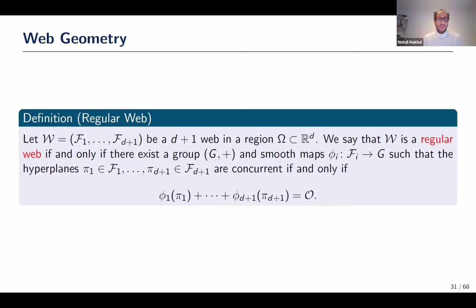We call them regular webs. By a regular d plus 1 web, we mean that suppose we have a d plus 1 web, and assume there exists a group G and some maps from these families of hyperplanes to the group G, such that d plus 1 hyperplanes, one from each foliation, are concurrent if and only if the image of them in the group is 0, the identity element of the group.